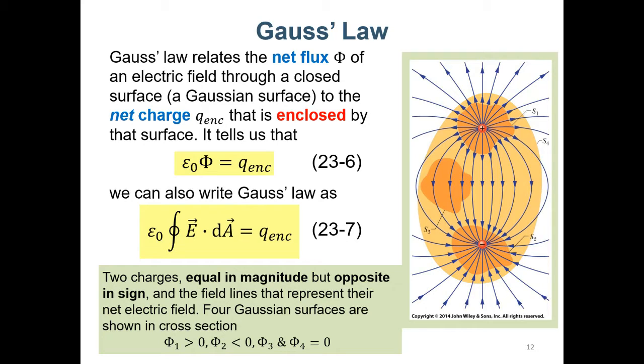But when you calculate phi for the overall surface, you add up the negative and positive parts, and the sum will be 0.